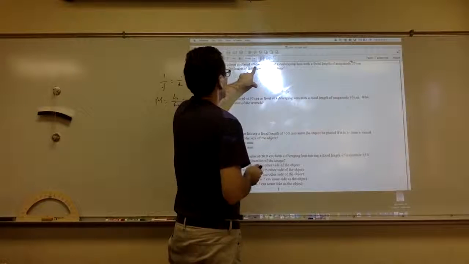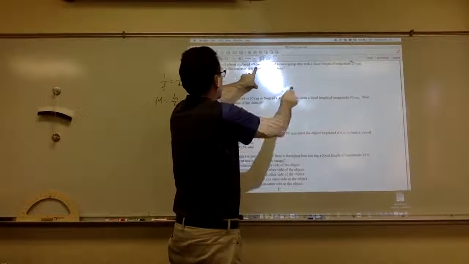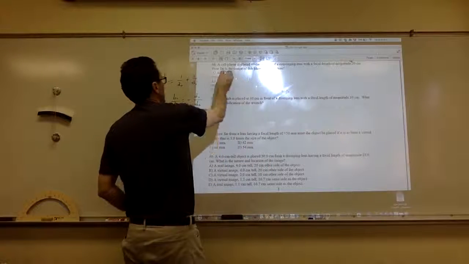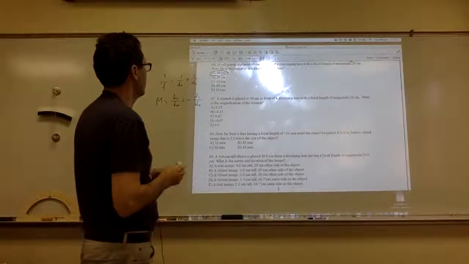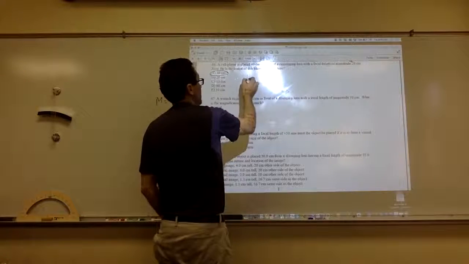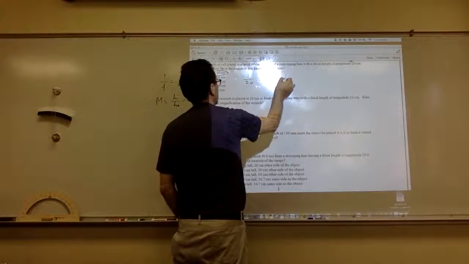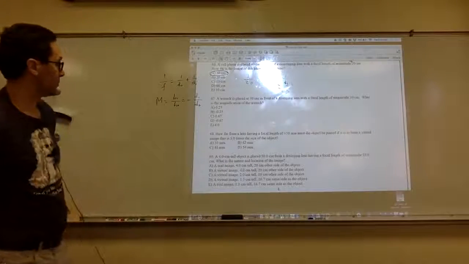So if you are 40 centimeters in front of the lens and the focal distance is 20, it means you are at the center of curvature. So your image will be at the 40 centimeter mark on the other side. Okay? We can do the math here to show that it works too. So 1 over 20 equals 1 over 40 plus 1 over di, and you can see that it should end up with 40 centimeters.